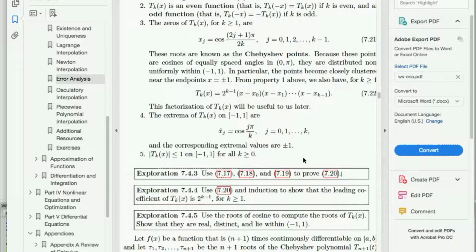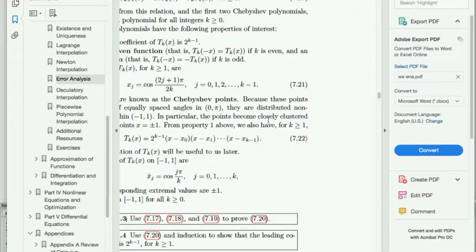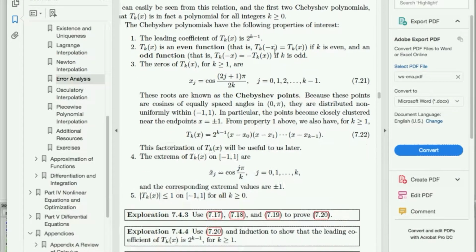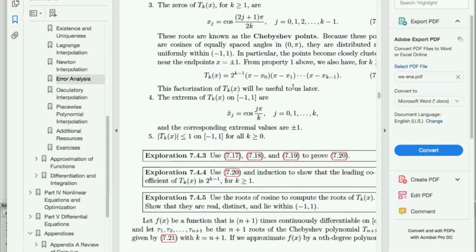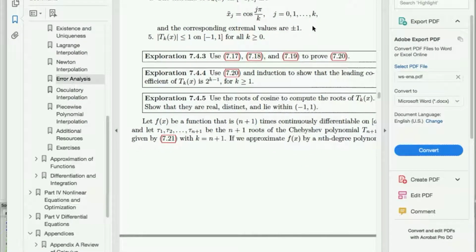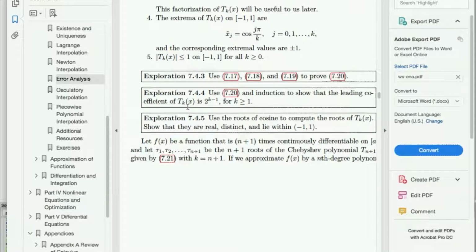And then these three will help you. You don't have to prove these. You can just go ahead and use these. So in this problem, 7.4.3, only that you are proving. And then the next problem, this will be used to prove its fact about the leading coefficient, like K equal 1.